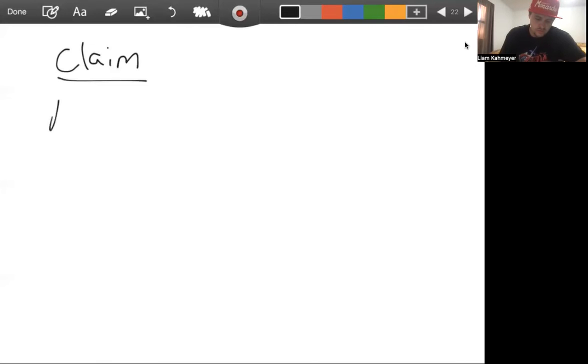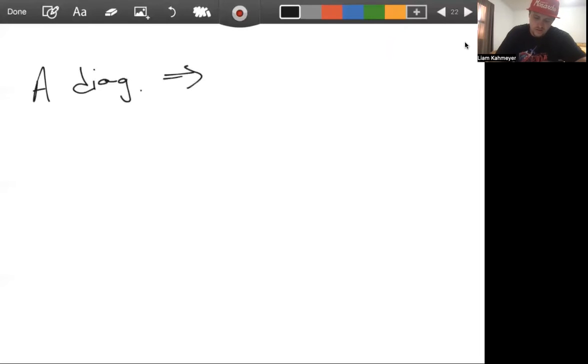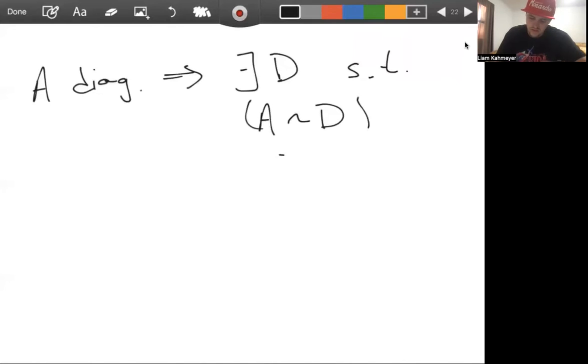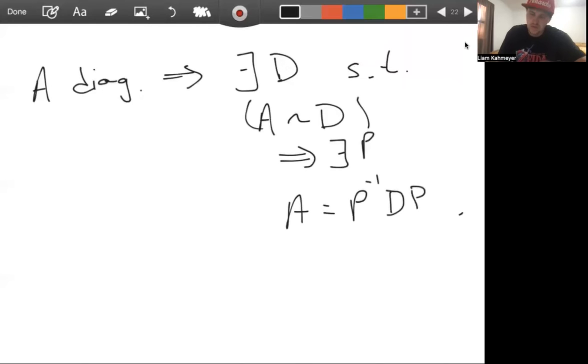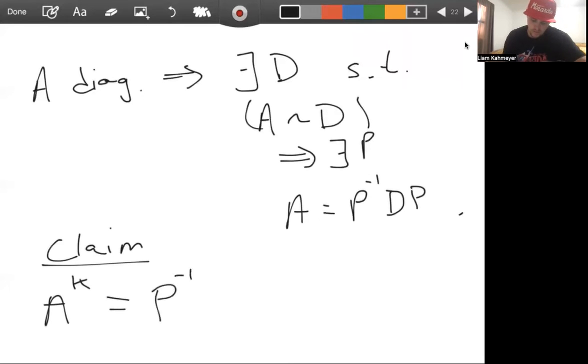Before the claim, let's say A diagonalizable implies there exists a diagonal matrix D such that A is similar to D, which implies that there exists an invertible matrix P such that A is equal to P inverse D P. So the claim is that if you take A to the k, then that's the same as P inverse D to the k P. So let's prove this really quickly.